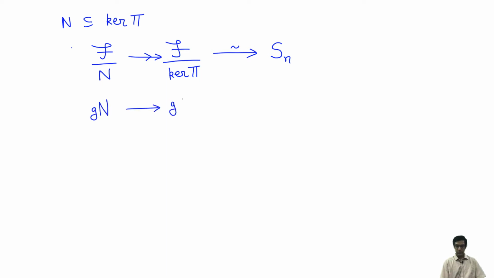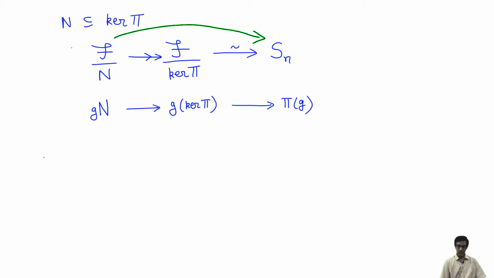F/N maps to F/kernel pi maps to pi of F. So you have these maps, and to prove that N equals kernel pi is the same as showing that this whole composite map is an isomorphism.